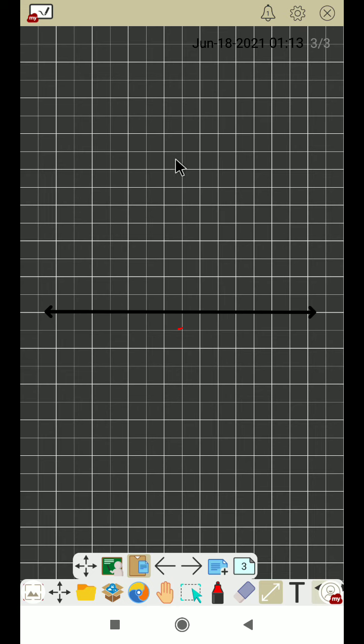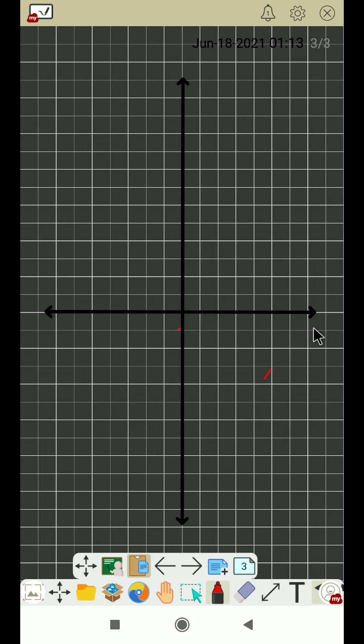So this is our x-axis and this is our y-axis. This is X'OX and this is Y'OY.